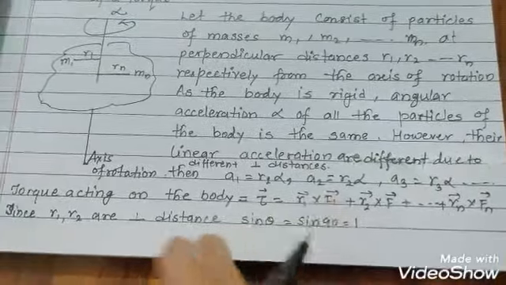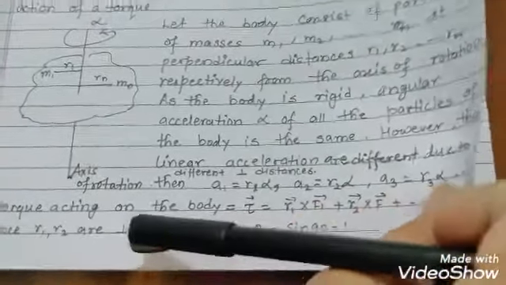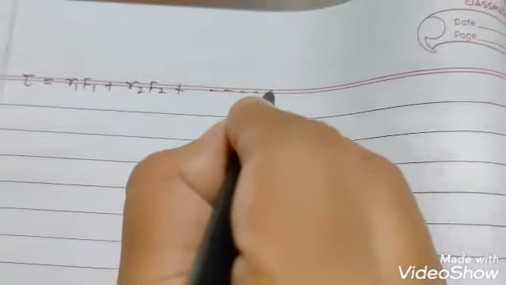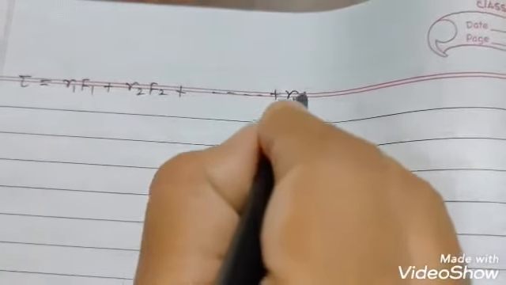So simply we can write the torque is equal to r into f. For the n particle system, the torque is equal to r1 f1 plus r2 f2 plus and so on, plus rn fn.